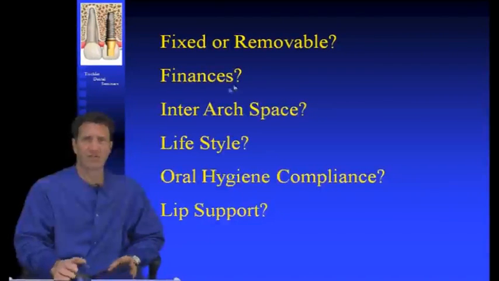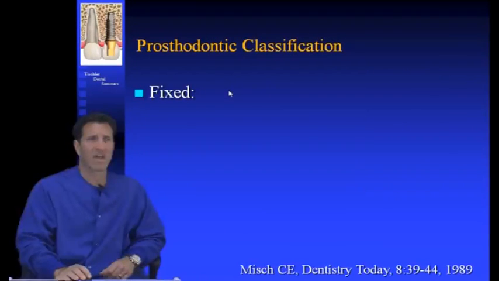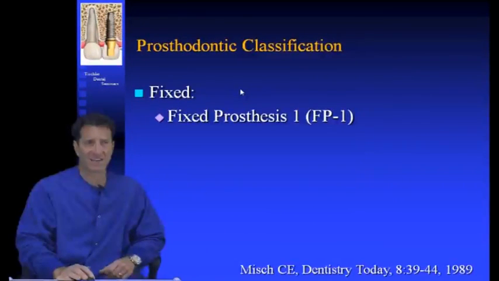So I just want to review the different classifications that are available when you're talking about the alternatives for implant dentistry. If you're talking about a fixed prosthesis, we could be talking about an FP1, an FP2, or an FP3 prosthesis. And this is what this looks like. FP1 is basically an ideal situation where you have the bone up to here.